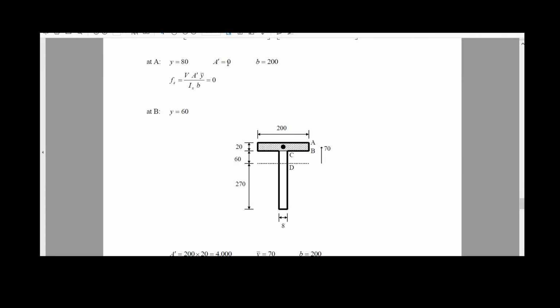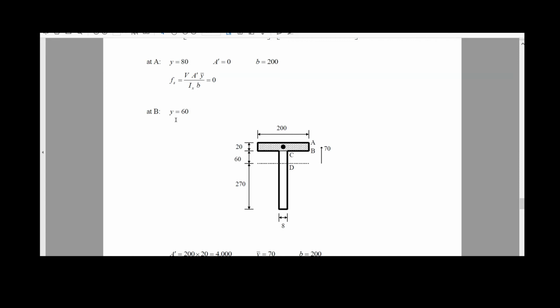In this part of the calculation, b will be 200, and the distance y from the centroid to the top of the T is equal to 80 millimeters. But because this area is equal to 0, the whole calculation will be equal to 0. So the first shear stress, at fiber A, is equal to 0.